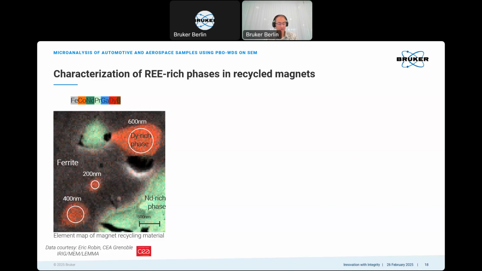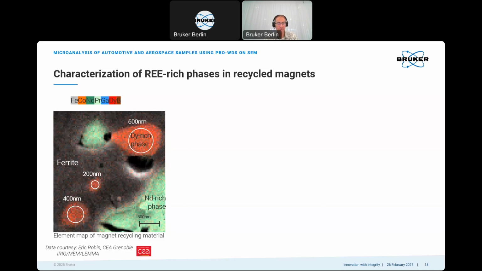His intention was to characterize the RE-rich phases that formed in a metallic melt as a first step towards efficient recycling processes. This micrograph here on the left side is of a sample that contains ferrite with inclusions of 2 to 3 different rare earth element-rich phases.